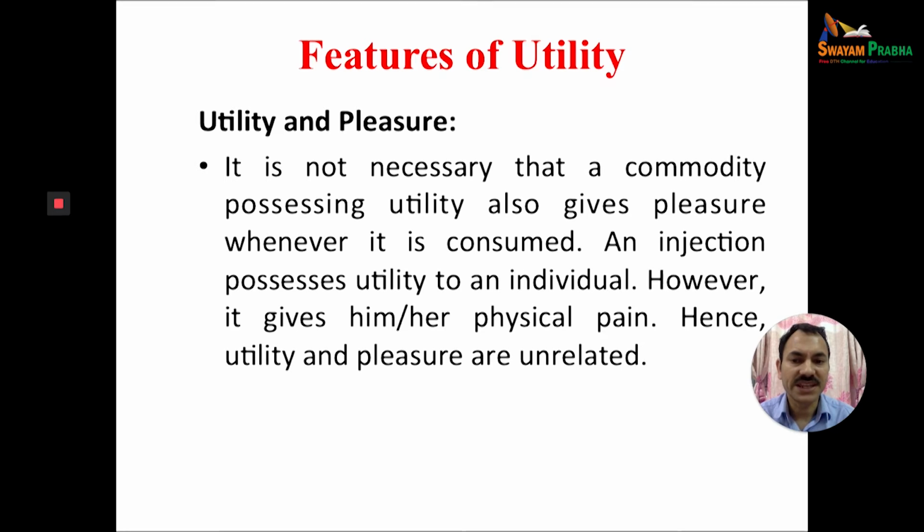For example, an injection possesses utility to an individual, however, it gives him or her physical pain. Hence utility and pleasure are unrelated, because of the need for that injection at that time. So we cannot say that utility always gives pleasure or happiness. The same goes for bitter medicine.